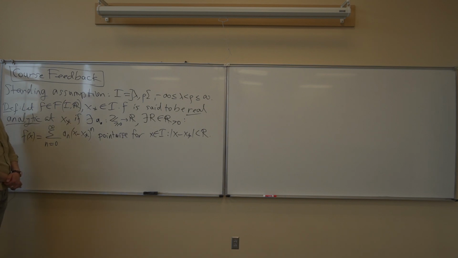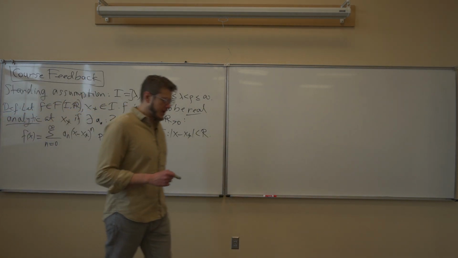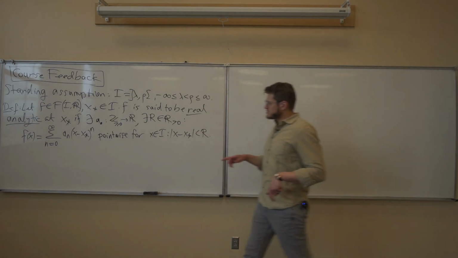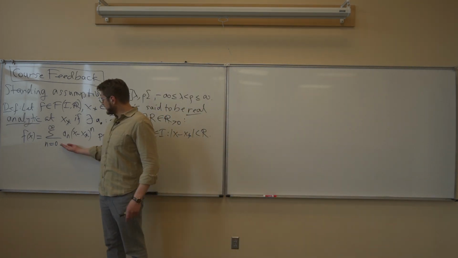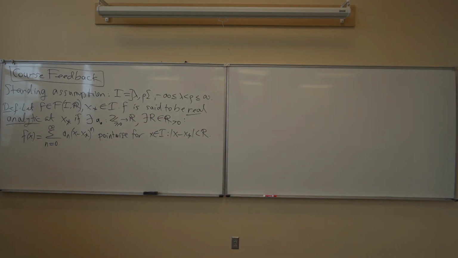operational calculus. Okay, so for this class, we go back to open intervals I, lambda to rho. So far we were just looking at expressions of this form, formal power series, and then we figured out when they are convergent, in which sense they are convergent, all that fine print.